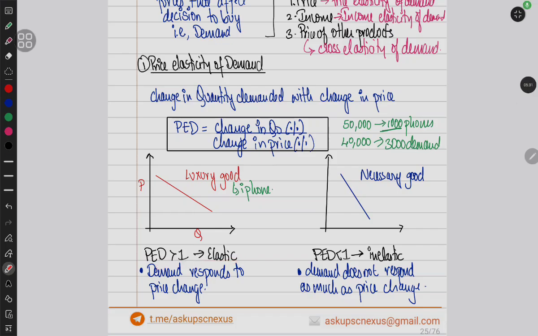Okay, and now comes the second part, that is necessary goods. Consider rice or wheat. First, the price of one kg of rice was 40 rupees. Now it has become 80 rupees. Earlier people used to consume 1000 kgs. Now maybe slightly lesser, 950 kgs, because this is necessary, right?